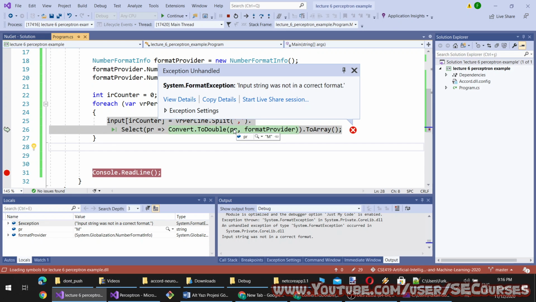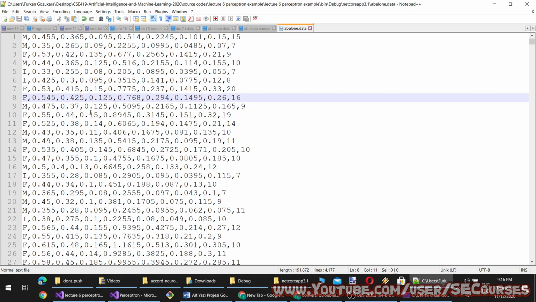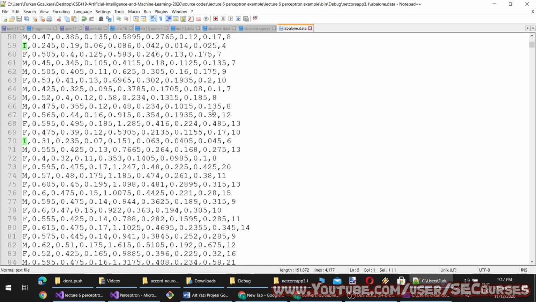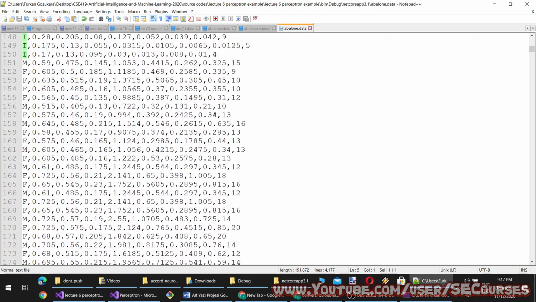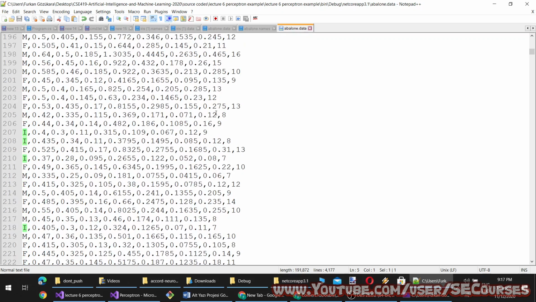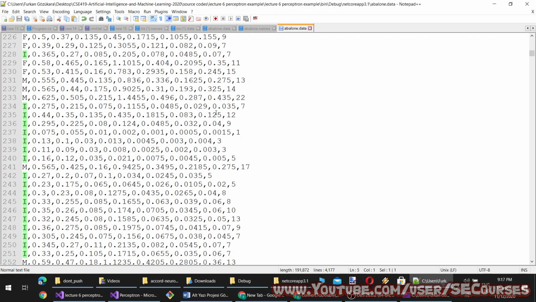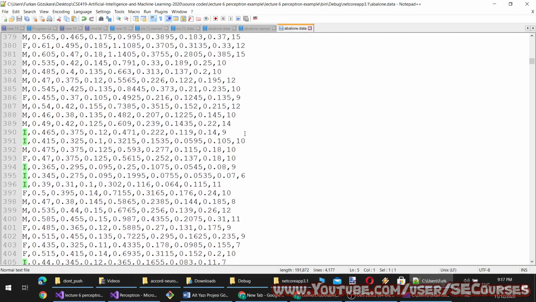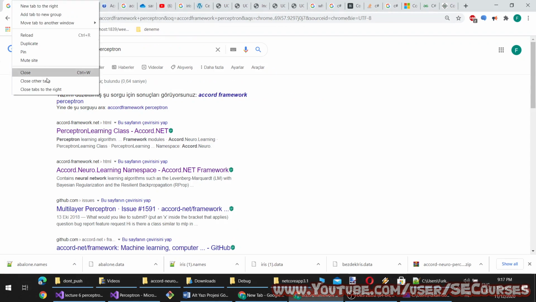Oh, okay. So you see, I cannot format some of the data, like the categorical data, which are M, F, I, and I should treat them equally somehow in my algorithm. So how should we treat them?